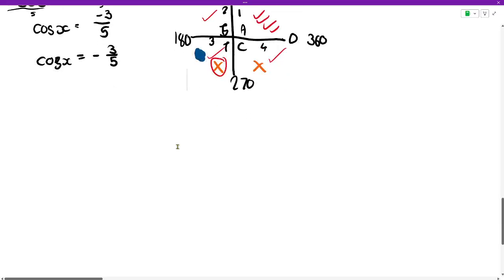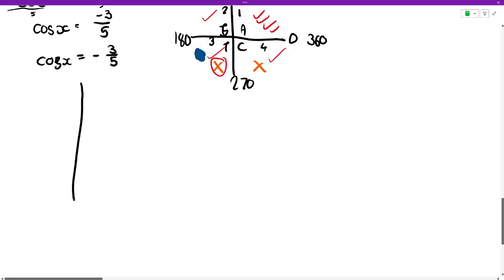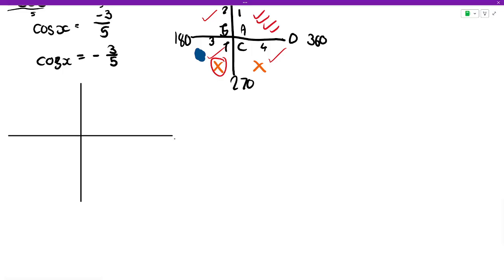Right. Now, once you get that information, you can start drawing. It doesn't have to be accurate. So we know that it's going to be in quadrant 3. Now, x must always face the origin, meaning you draw the triangle like this.